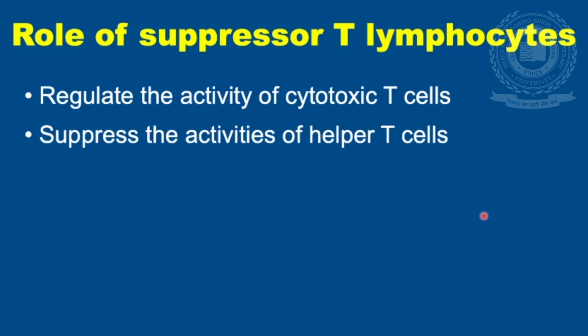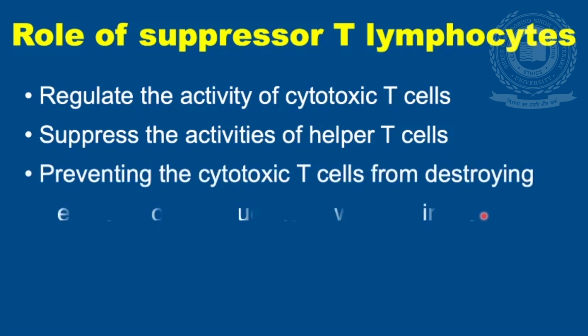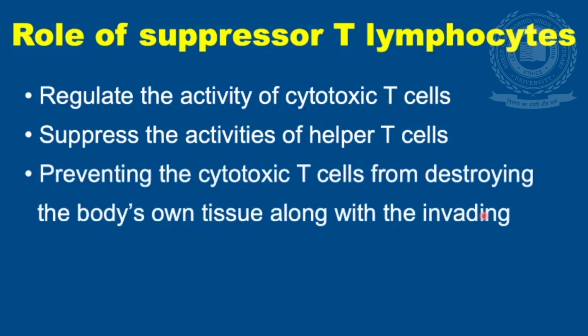Suppressor T cells also play an important role in preventing the cytotoxic T cells from destroying the body's own tissue along with the invading organisms. Suppressor T cells also suppress the activity of helper T cells. So, this was about cell-mediated immunity.